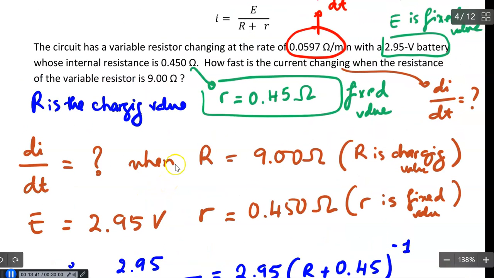So if you translate this whole sentence into mathematics, then it's just what is how fast the current is changing when the resistance of the variable resistor is equal to 9. And 9 is a changing value, E equal to 2.95. The internal resistance that goes with this E is equal to 0.450 ohm, so it's also a fixed value.